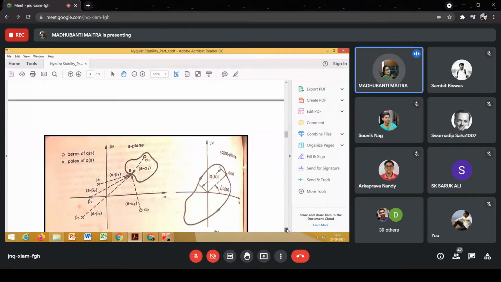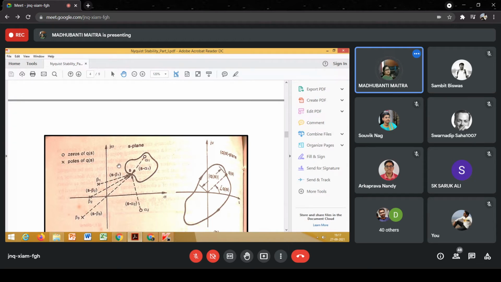We can apply the same logic and you can check as well. The net change in angle of this phasor, as the tip of the phasor rotates on this closed contour, will be 0. So delta angle S minus beta 2 will be 0. Delta angle S minus beta 3 will be 0.